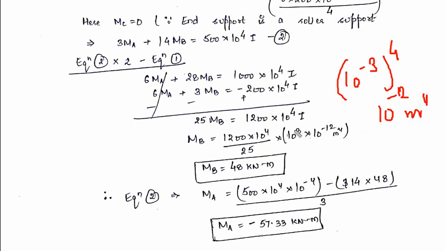So while putting the value of I, you have to keep in mind that the value of I should be in meter to the power 4, and it will be converted into meter to the power 4 by multiplying it with 10 to the power minus 12. So just put the values of I, and the value of MB will come out to be 48 kilonewton meter, and after putting the value of MB in equation number 2, we can get the value of MA, which will come out to be minus 57.33 kilonewton meter.